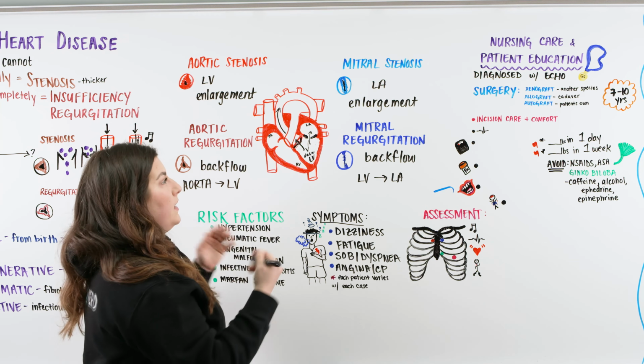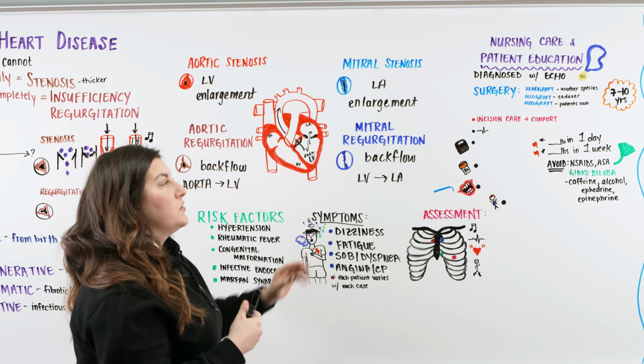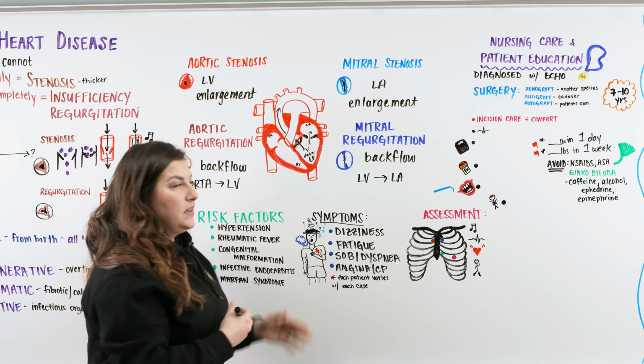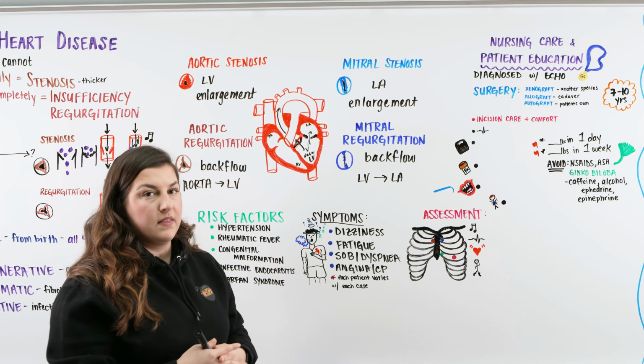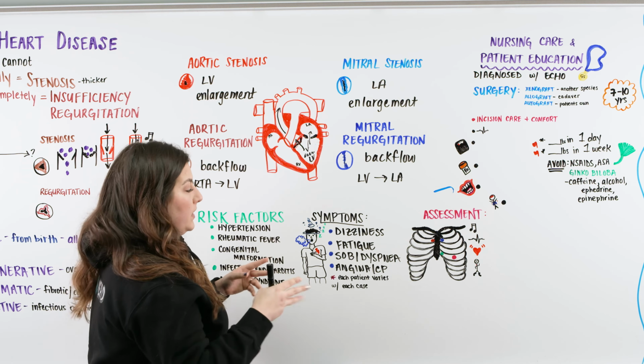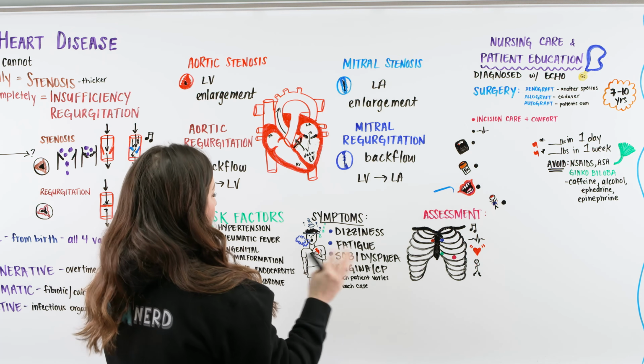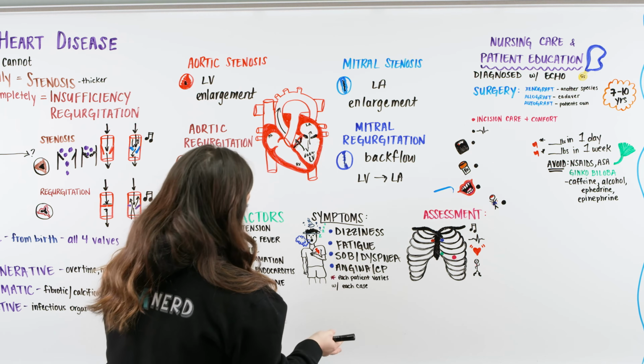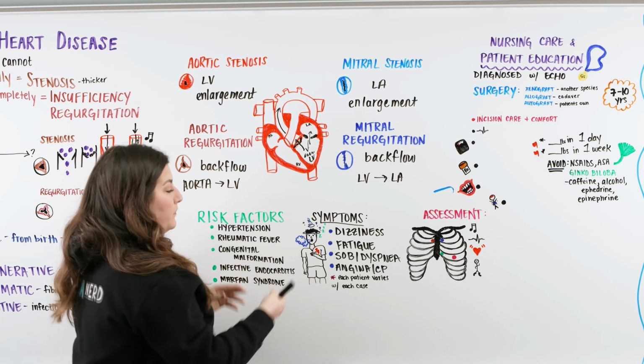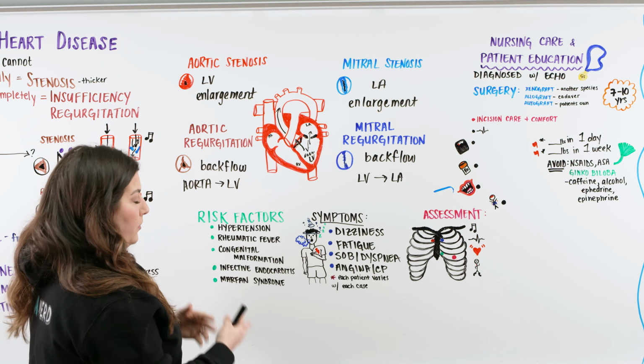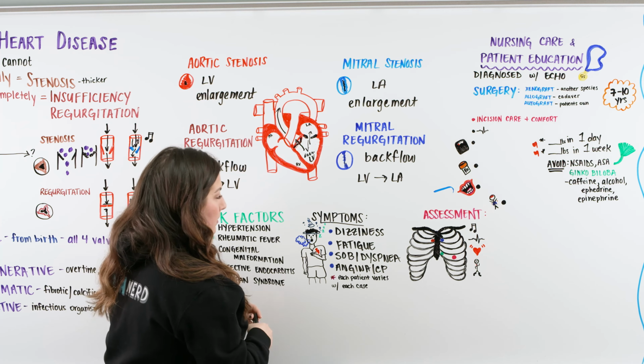Some people know they have some type of mitral stenosis, but it's not something that needs surgery, or it's not something that they need to do any type of care for right now. But at some time in the future, we may start to integrate some type of care, but we're going to keep an eye on you.